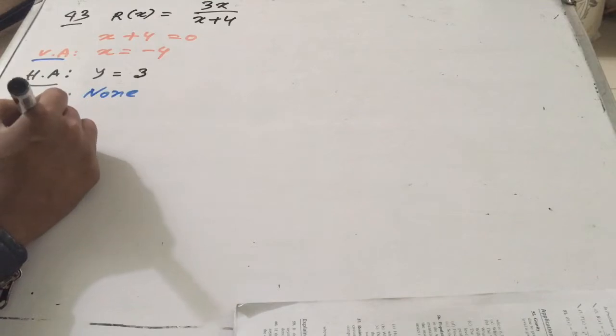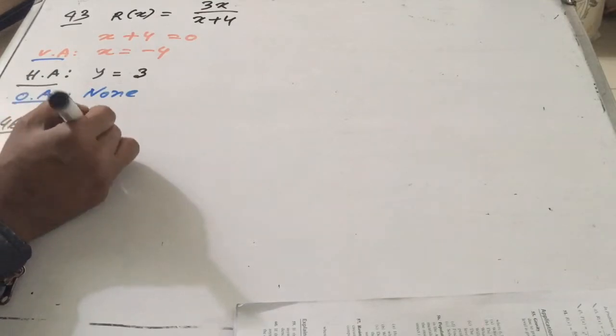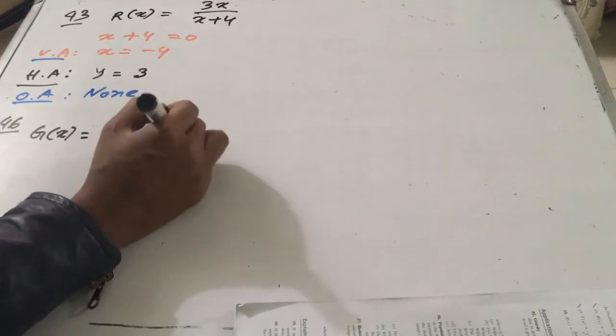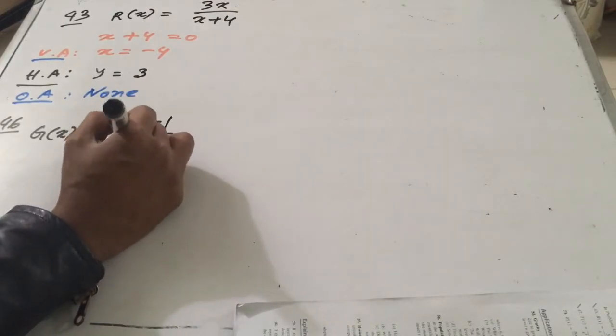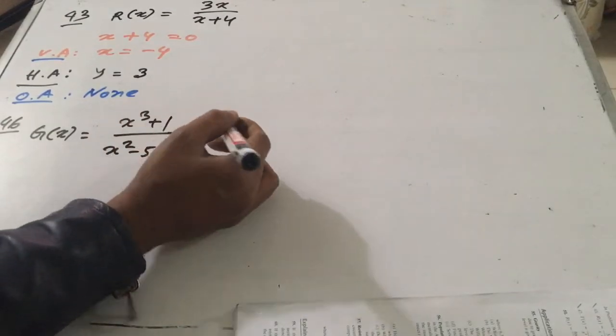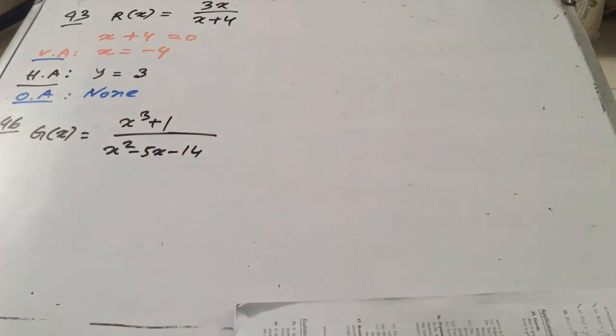46 number question is g of x equals x cubed plus 1 divided by x squared minus 5x minus 14. So we have this question. From this question, okay, all right, this math is interesting.